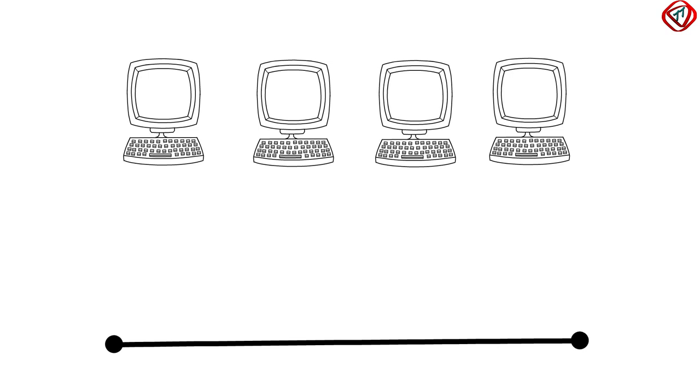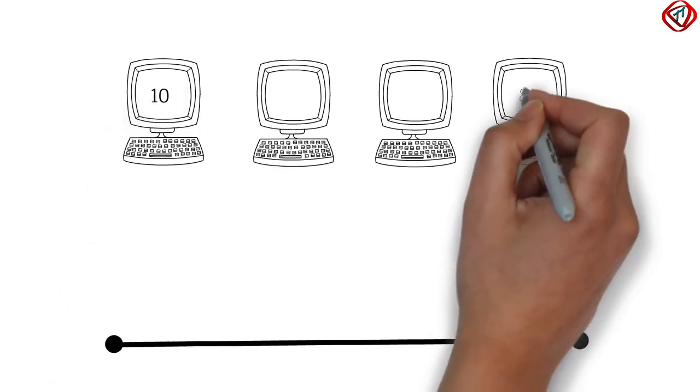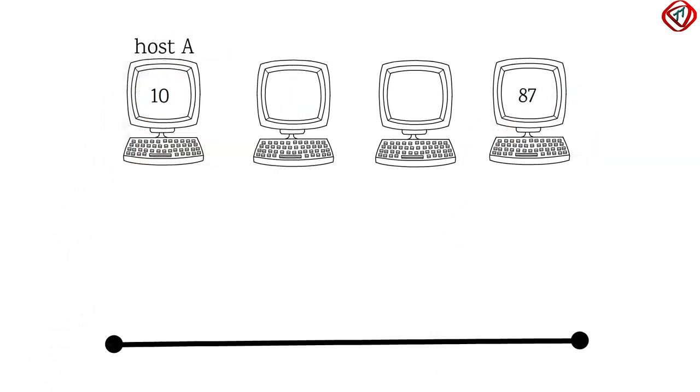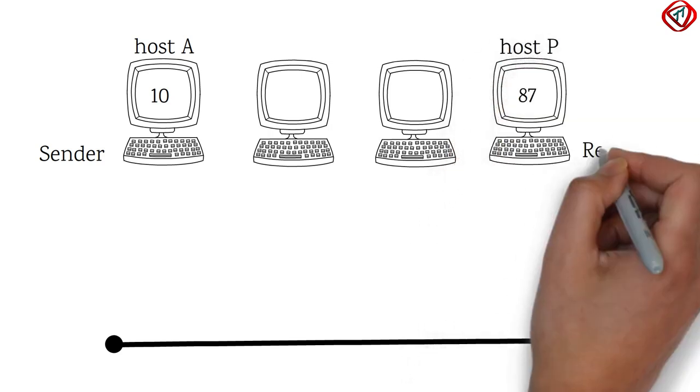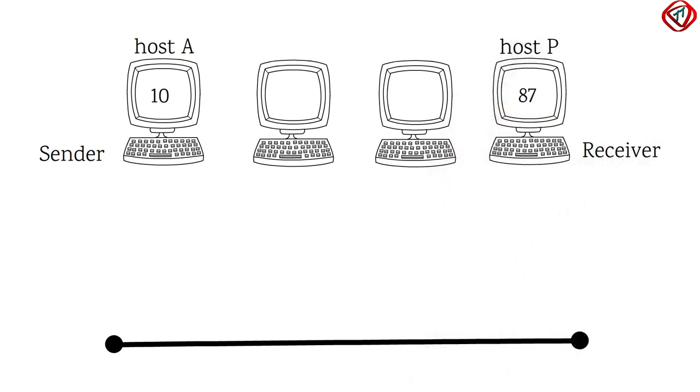Consider 4 computers are connected to the bus topology local area network. Let us write their physical addresses as a 2-digit number. Host A is the sender with physical address 10 and host P is the receiver with physical address 87. Within a LAN, only physical addresses are enough to transfer data.